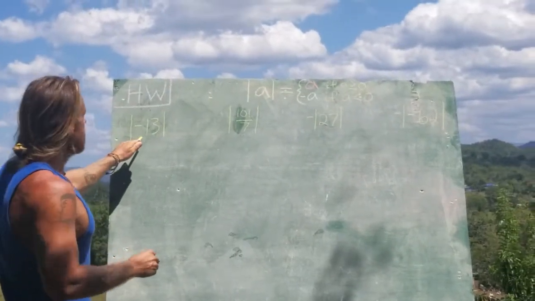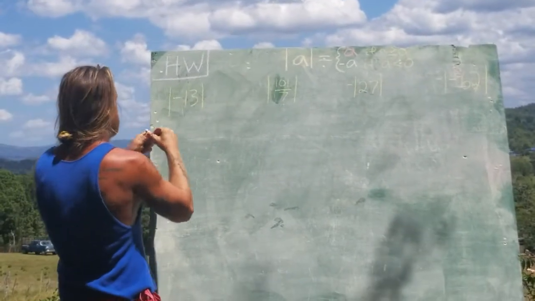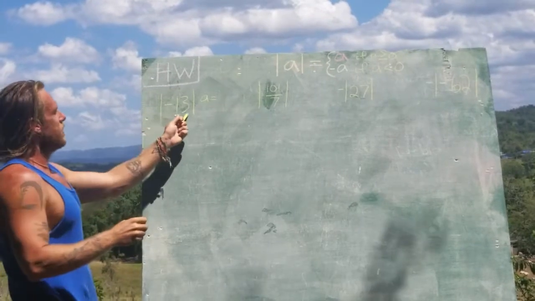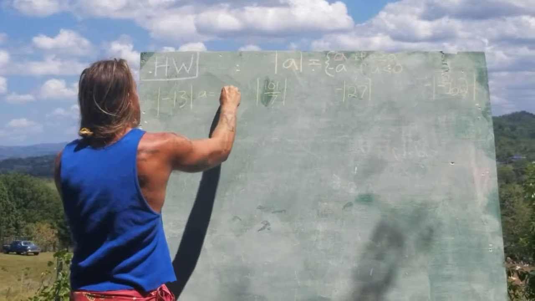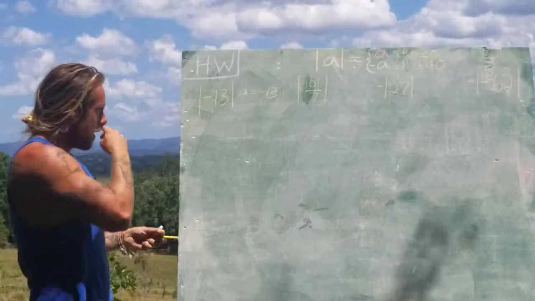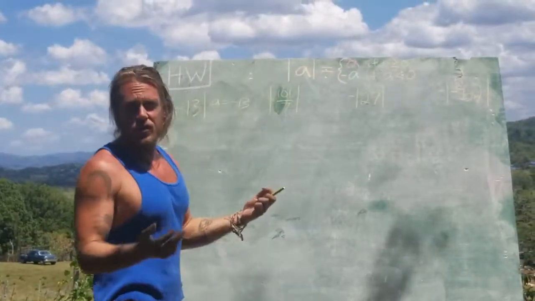So our first thing we have to look at is, let's write what is our A. Our A is what's between the absolute value, so in this case, negative 13. That will help us as we substitute into our definition. So now, the absolute value of A is equal to which one of these two conditions will we follow?